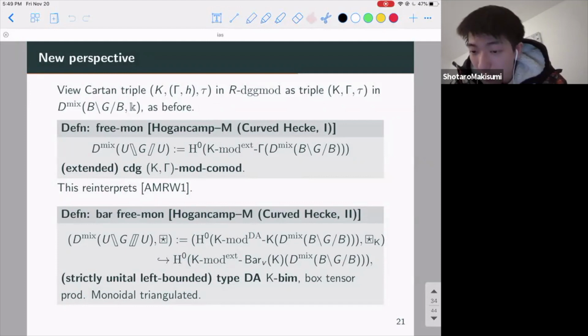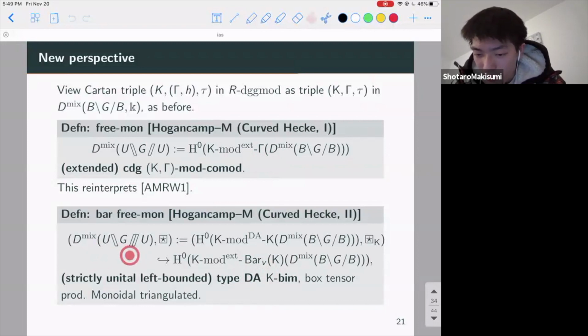Now, this curved coalgebra is Koszul dual to K. And so this is just a way of giving a smaller model for the bar complex of K. So now if you replace this gamma by the much bigger bar complex of K, then here's a new definition of a category.